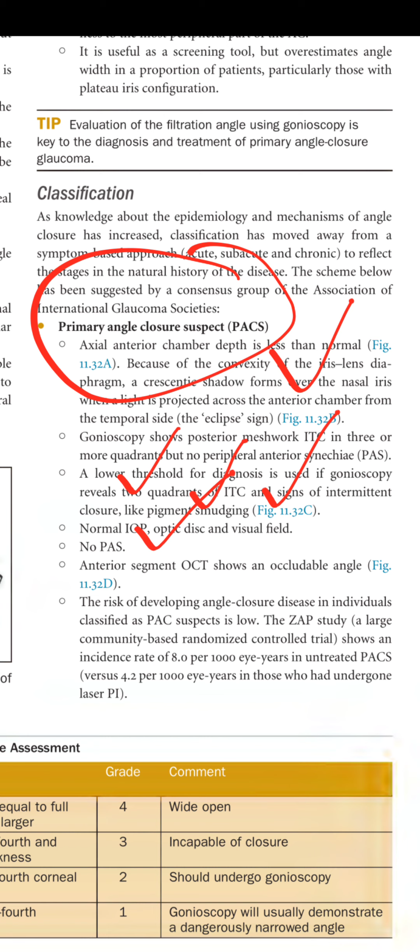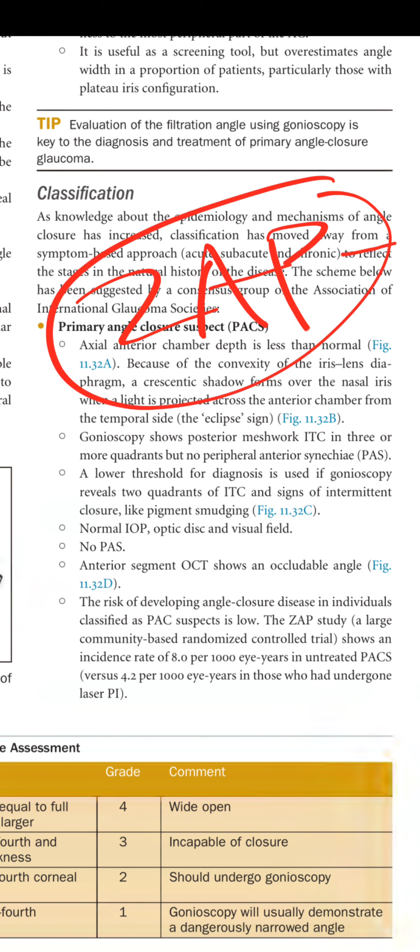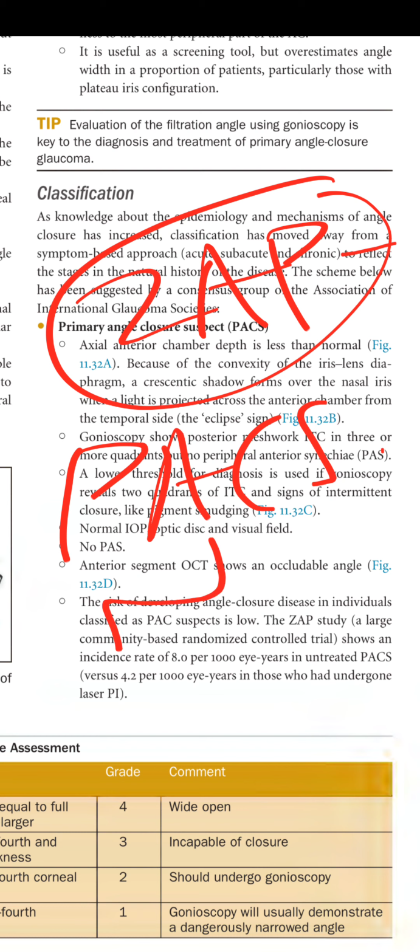The ZAP study, a large community-based randomized controlled trial, shows an incidence of 8 per 1000 eye years in untreated PACs versus 4.2 per 1000 eye years in those who undergo laser PI. So basically, the ZAP trial is a study done in primary angle closure suspects.